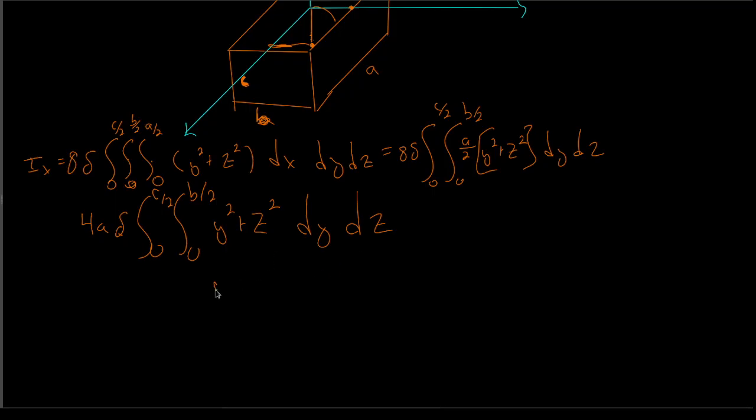Which means it's going to be y cubed over 3 plus z squared y, evaluated b over 2 to 0.